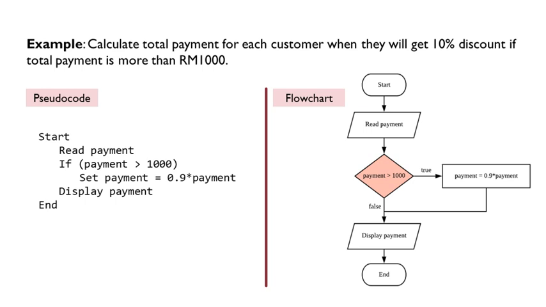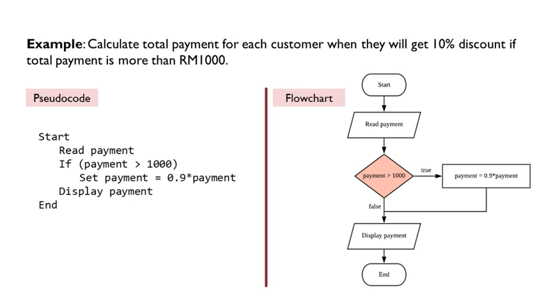Because it is a 10% discount. 100% minus 10% is 90%, so we convert it into decimal, which is 0.9, and then multiply it by the payment and then display. What happens if the payment is not more than 1,000? It will automatically display the payment itself. It will not do the if statement.